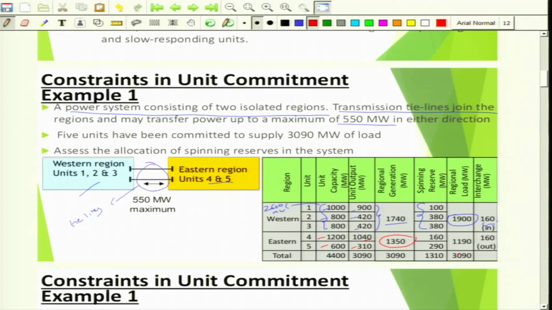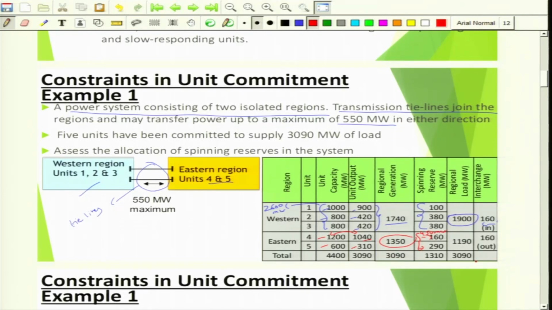right? So what is the spinning reserve? Spinning reserve is unit capacity minus the unit output. So 1200 minus 1040 gives 160 megawatt for unit 4, and 600 minus 310 is 290 megawatt for unit 5. So total spinning reserve available is 290 plus 160, which is 450 megawatt, right?